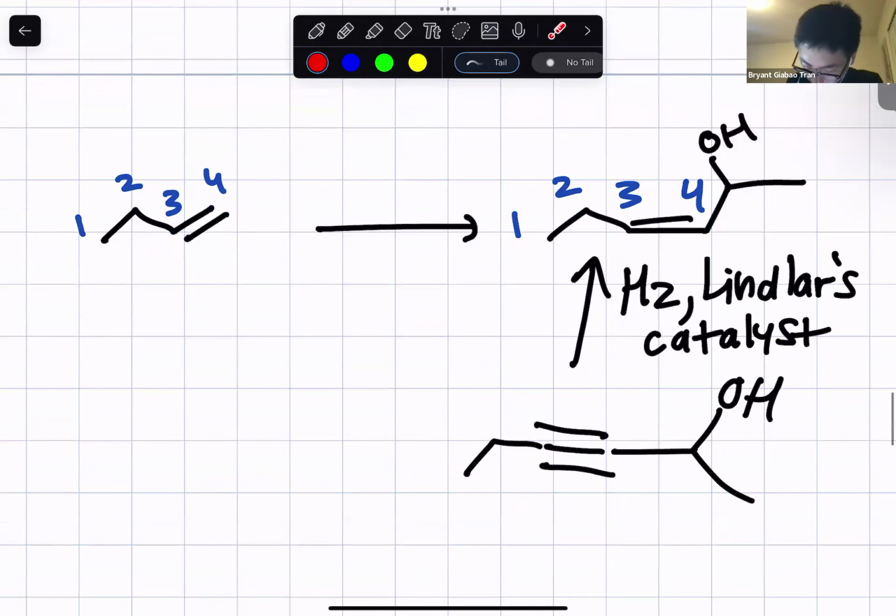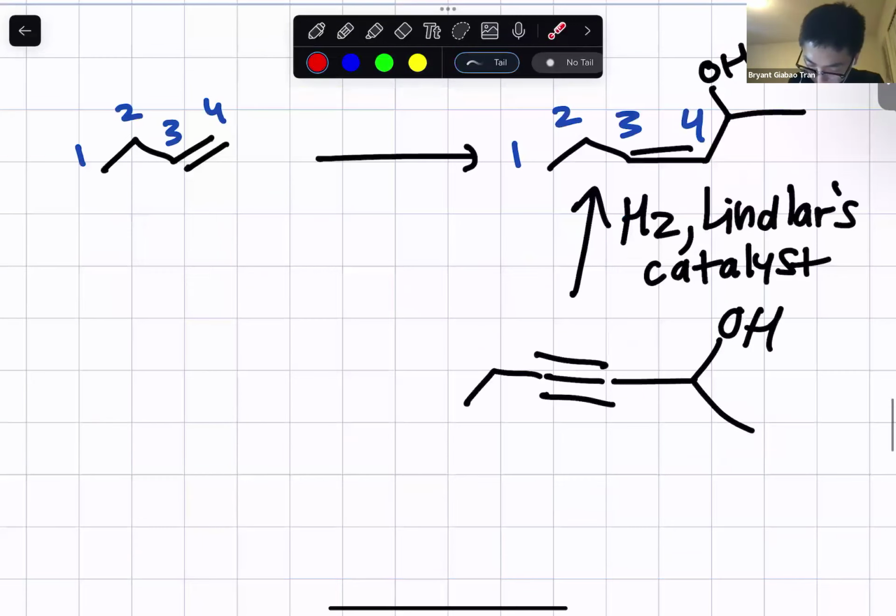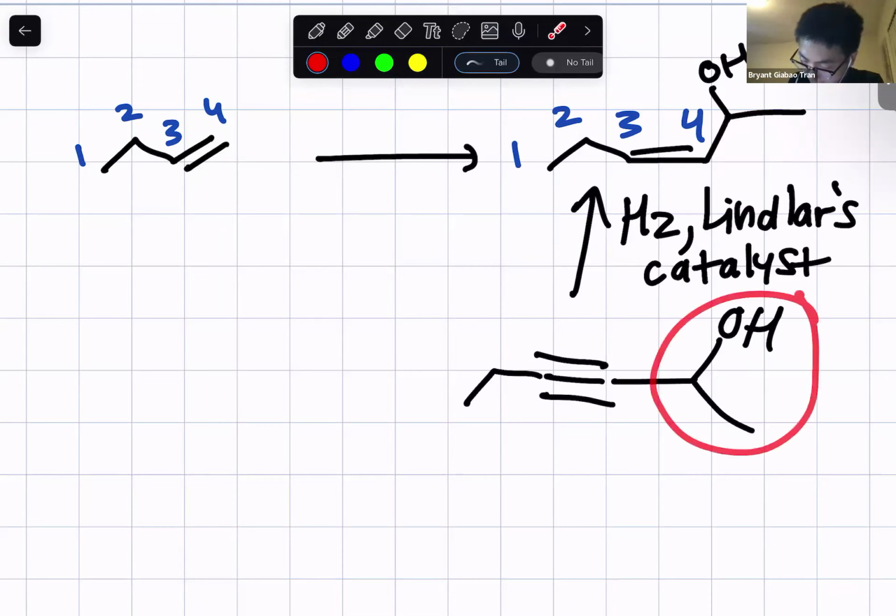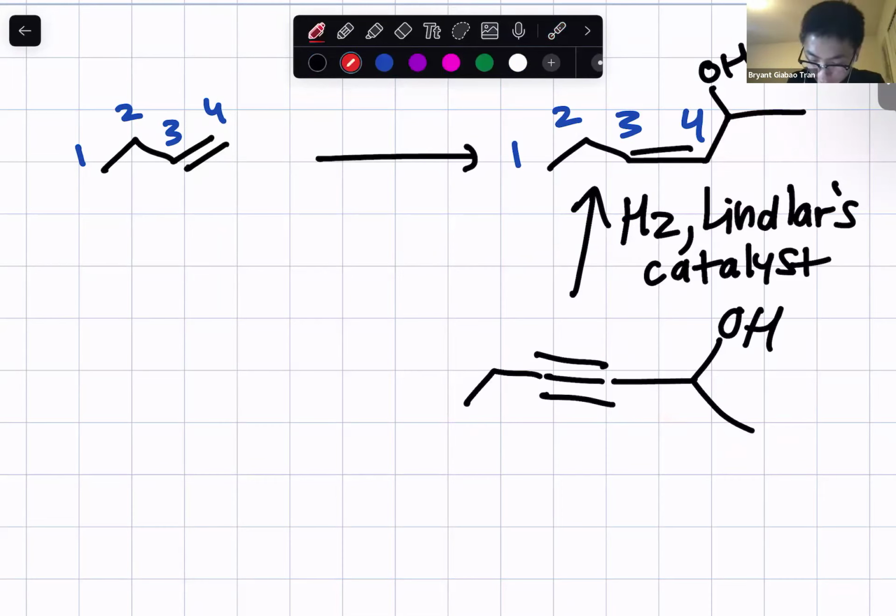So now let's try to figure out how to add this group onto this alkyne right here. We know that this alkyne carbon here could be nucleophilic by having a negative charge. That means that this carbon here had to be electrophilic, because this is the bond that connects the two pieces together.